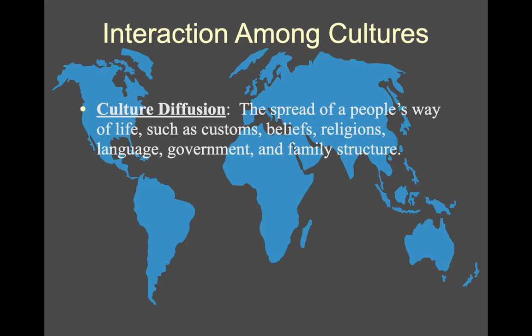The first is culture diffusion. And culture diffusion is the spread of a people's way of life, their customs, their beliefs, their religions, the language and government and family structure, and how that spreads not only throughout a civilization, but how it can spread to other civilizations.